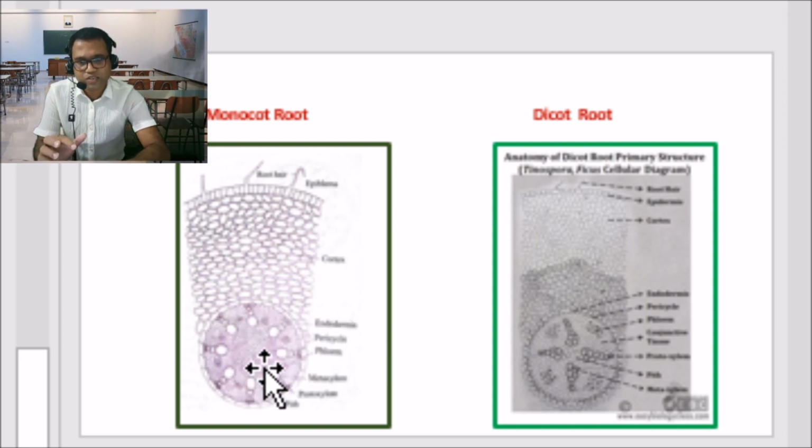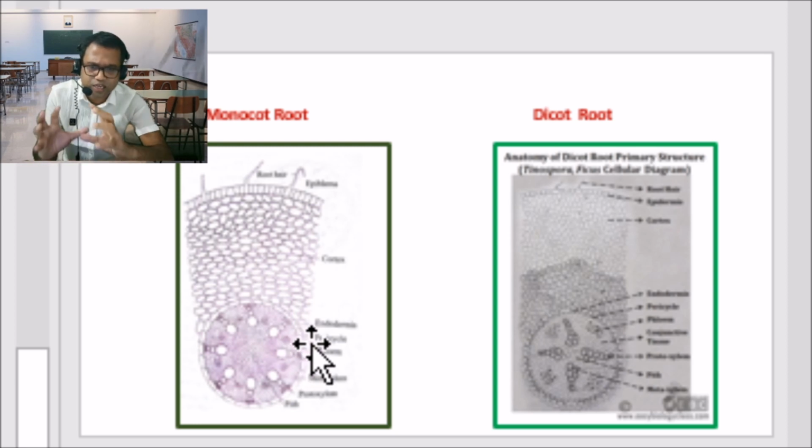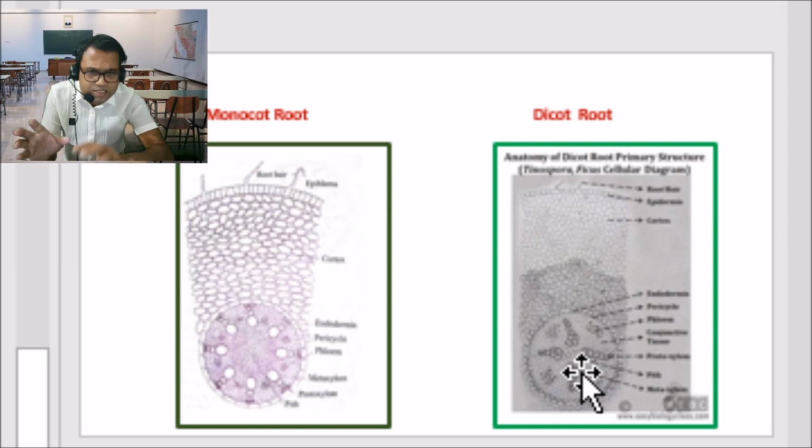Here the pith size is comparatively large, but here the pith size is comparatively small. The shape of xylem: here we can see that the shape of xylem is round or oval, but in this figure the shape of xylem is hexagonal.